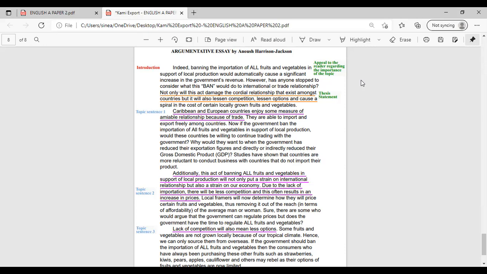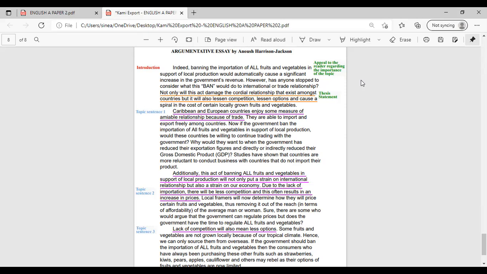However, has anyone stopped to consider what this ban would do to international or trade relationship? Not only will this act damage the cordial relationship that exists among countries, but it will also lessen competition, lessen option, and cause a spiral in the cost of certain locally grown fruits and vegetables.